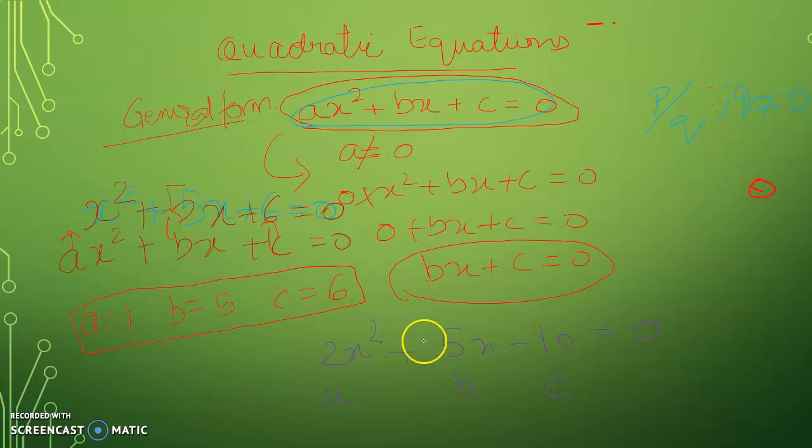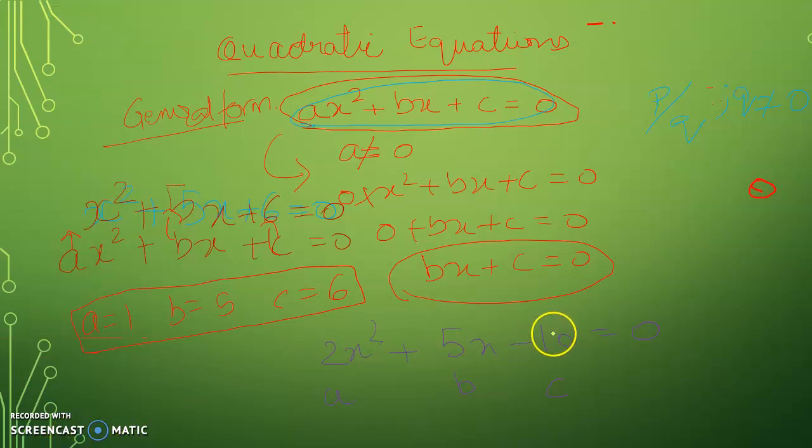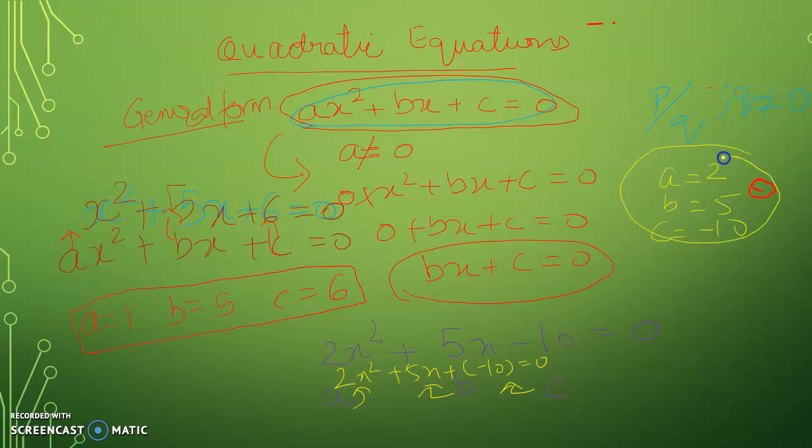Now this equation we can rewrite as 2x square plus 5x plus minus 10 equal to 0. So a is 2, b is 5 and c is equal to minus 10. Clear?